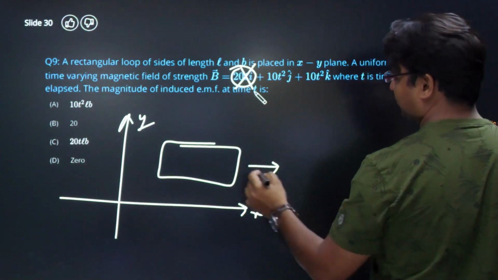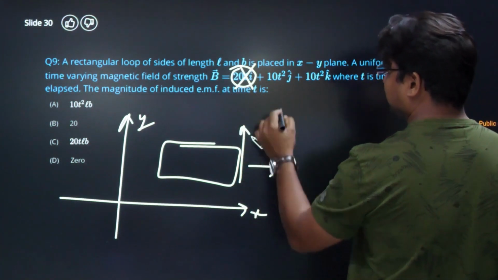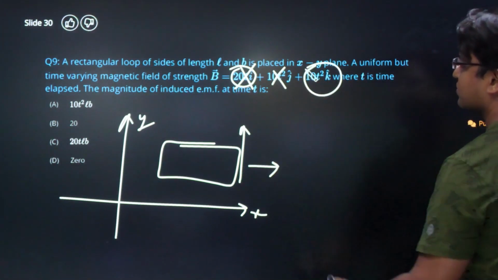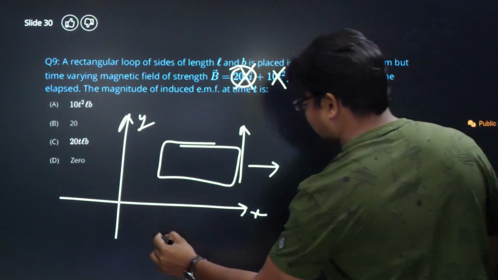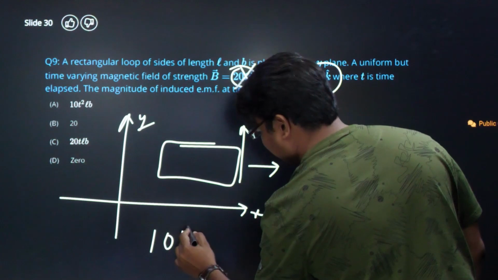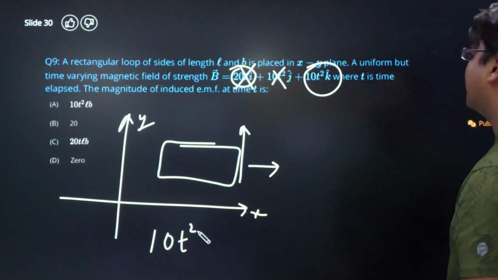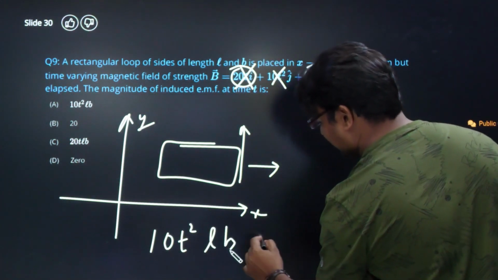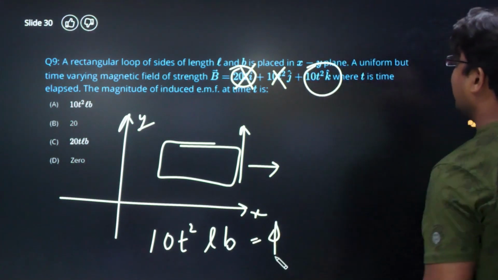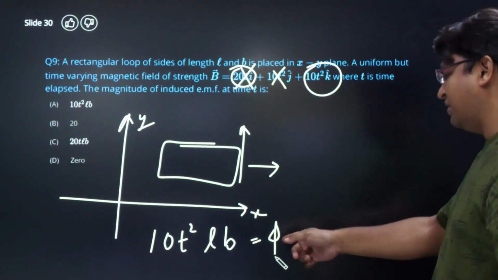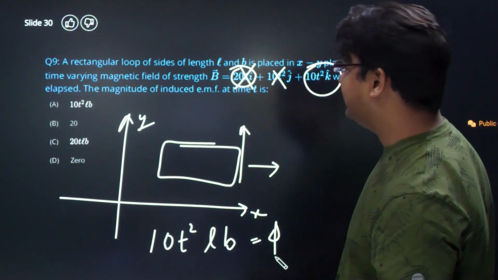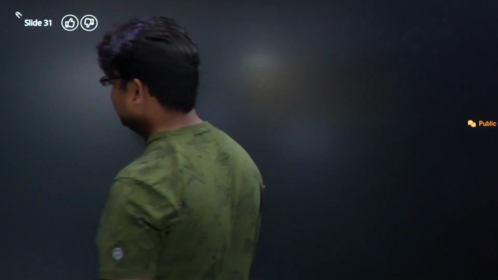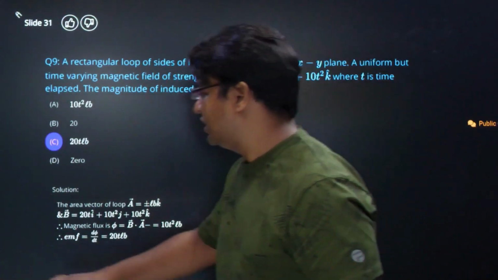It has a J component in this direction. It will not contribute to the flux, ignore this. It has a K component also, which will contribute to the flux, and that K component is 10t square. So 10t square multiplied by the area. The area is L into B. So this is the flux. We want to know the magnitude of the EMF, so the time derivative of this will give us the answer. So 20 tLB. So option C is the correct one. I think that was a pretty easy question. So 20 tLB is going to be the answer.